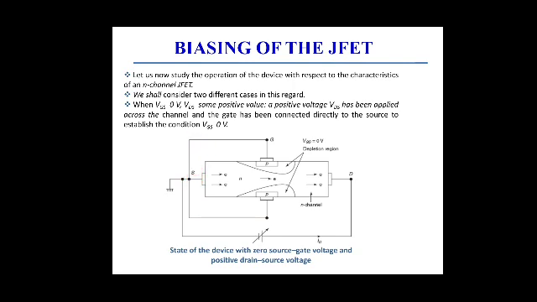If it is an N-channel JFET, you apply the negative voltage to the gate terminal. So on the whole, these are the voltages applied at the gate, source, and drain terminals.